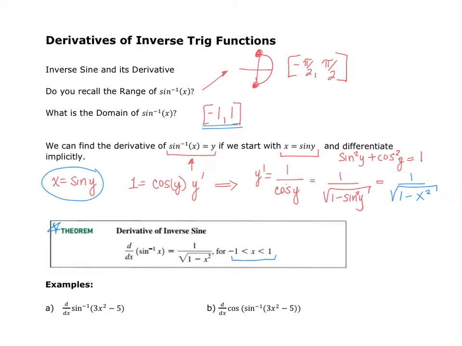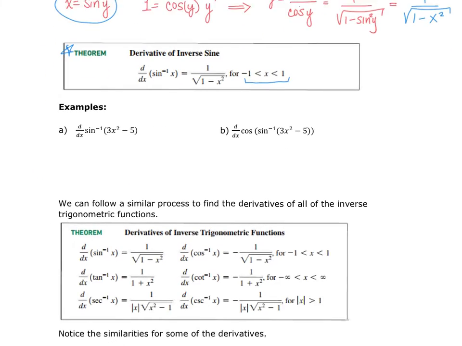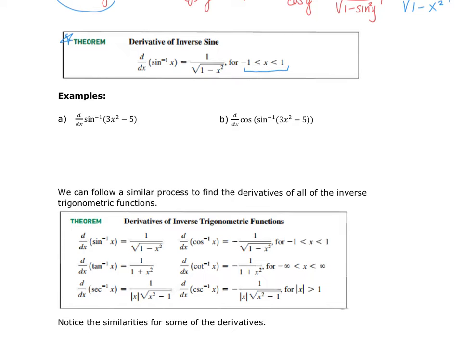So let's take a look at a couple of examples. In this first example, we want to take the derivative of the inverse sine of 3x squared minus 5.